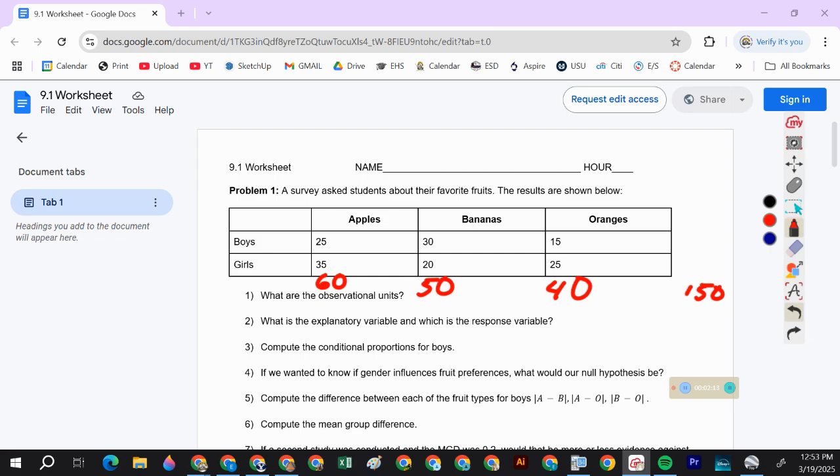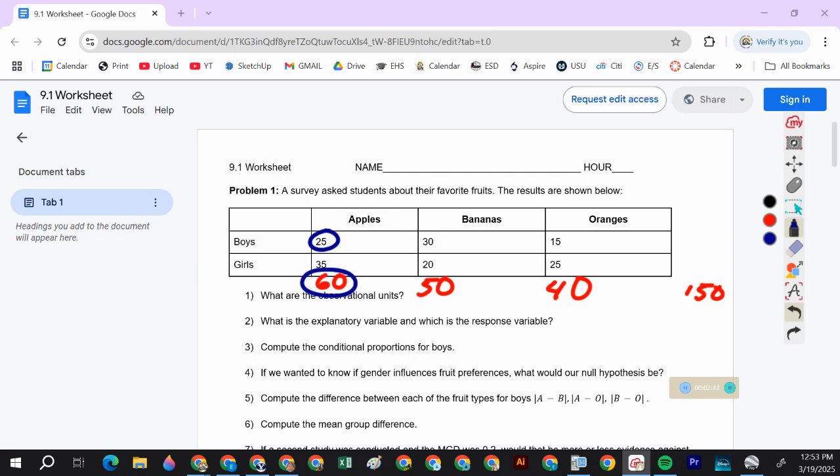Okay, now we're going to compute the conditional probability for boys. The idea today is to see, are apples and bananas and oranges equally liked among boys? So to compute the conditional probabilities, we're going to say, how many boys said apples and how many apples total were chosen?